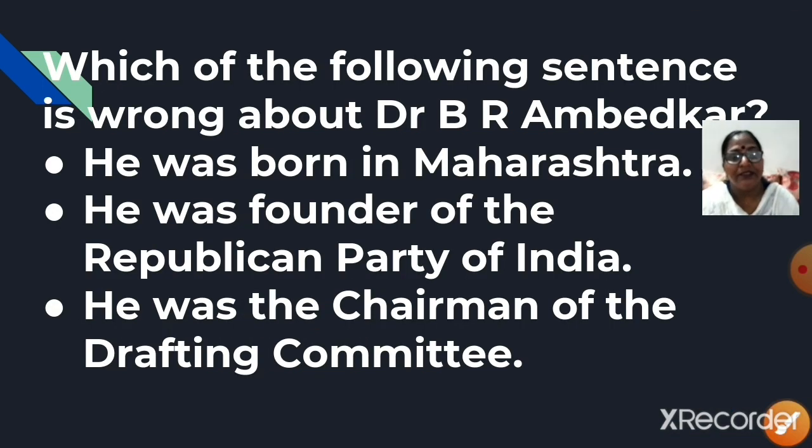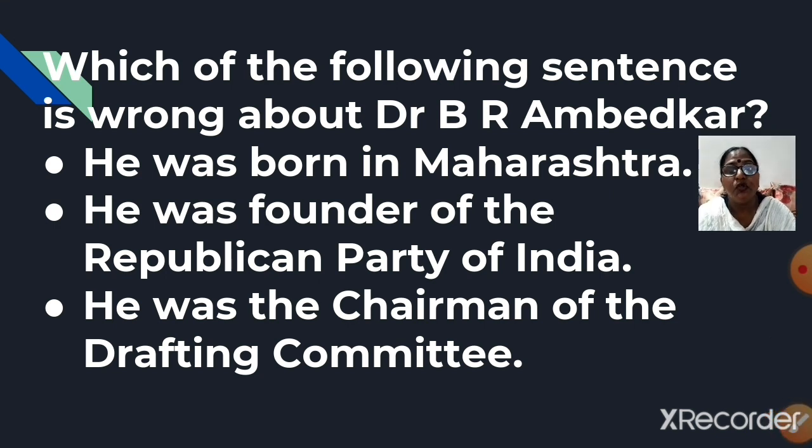Okay, the next one. Which of the following sentences is wrong about Dr. B.R. Ambedkar? First one is, he was born in Maharashtra. Second one, he was the founder of the Republican Party in India.